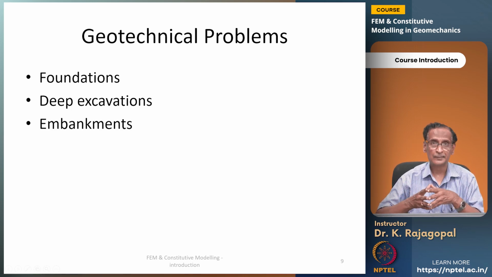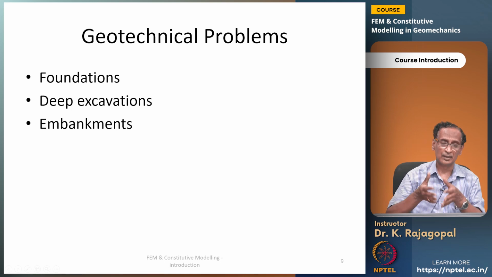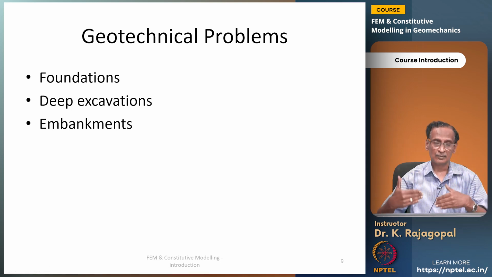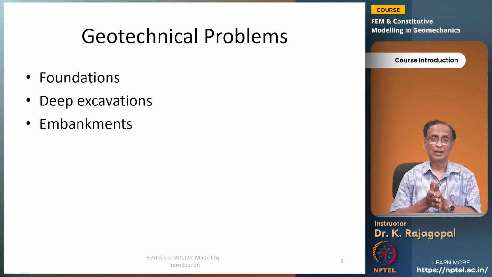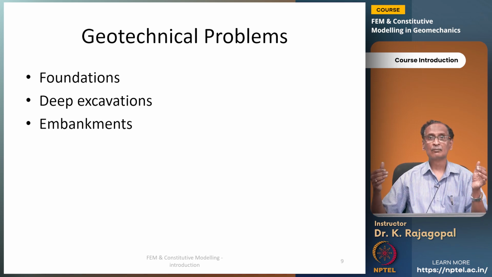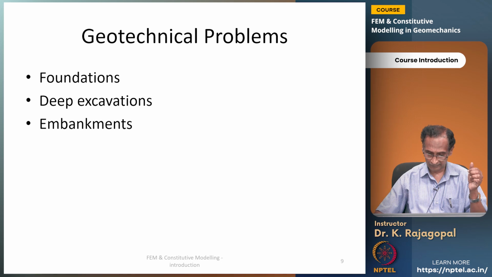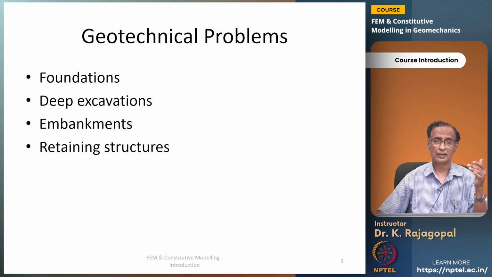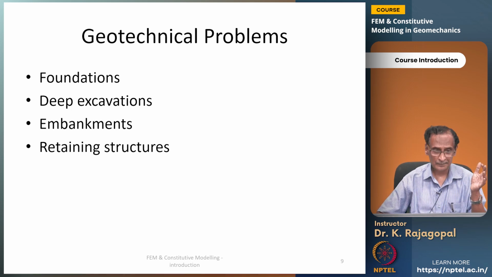Construction of embankments, especially embankments constructed on soft clay, because these tend to undergo a lot of settlement, and then the soil might undergo lateral expansion leading to slip circle failure. And we may come across retaining structures in the form of, say, retaining walls or sheet pile walls or anchored sheet pile walls and so on.